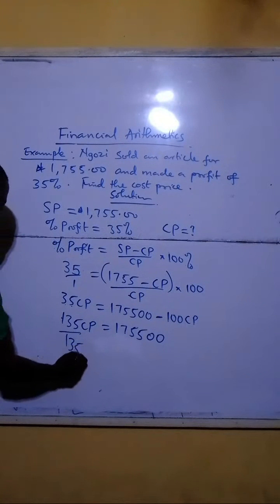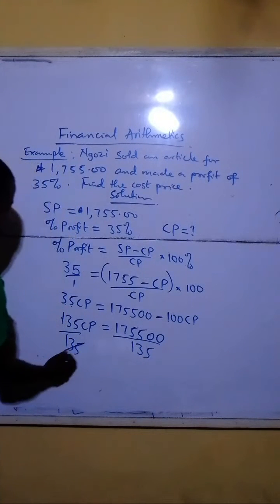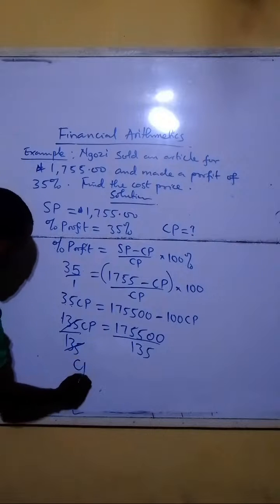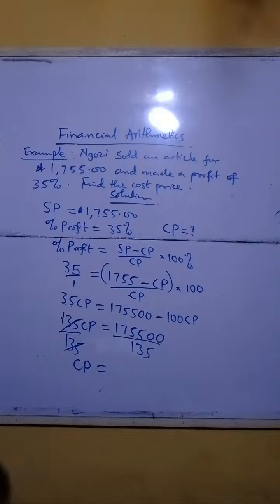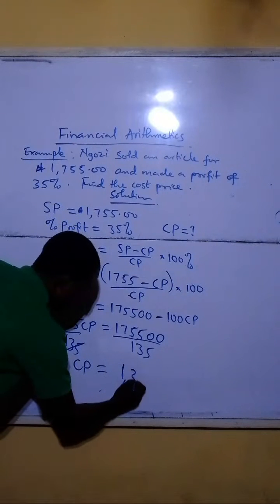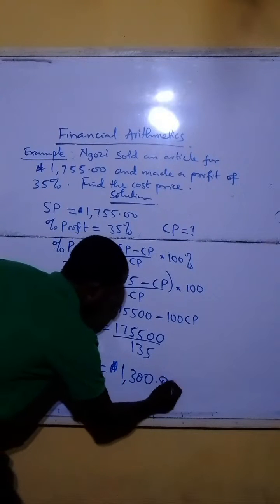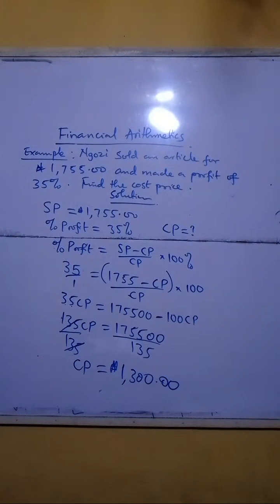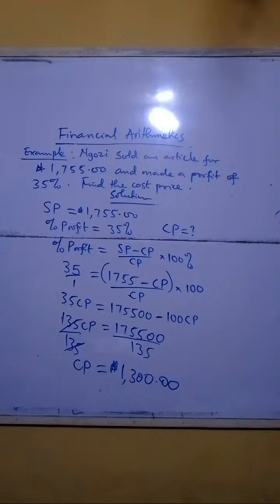The 135 cancels on one side. So the cost price is, when we press the calculator, 1,300 naira 00 kobo. So here we have the cost price of this particular article. So that is that.